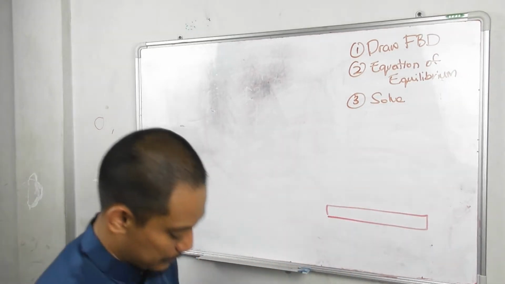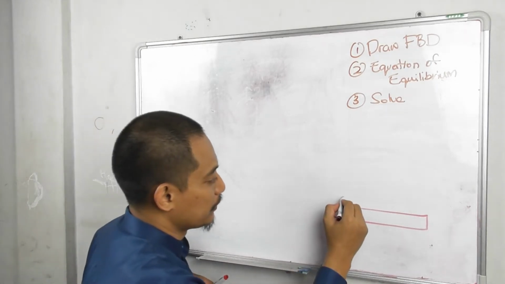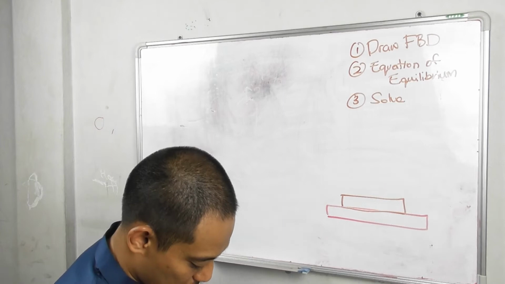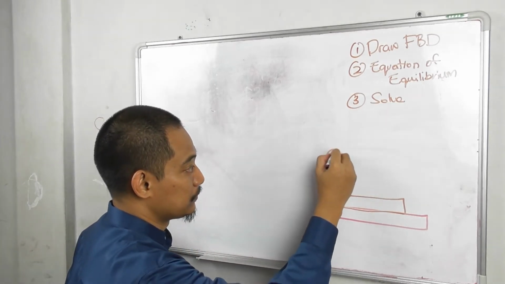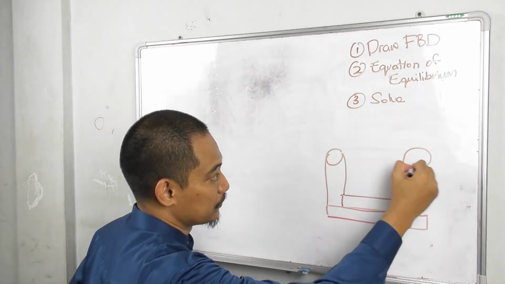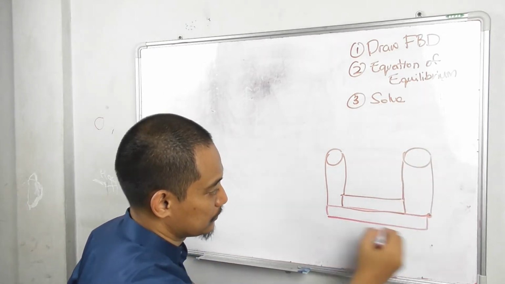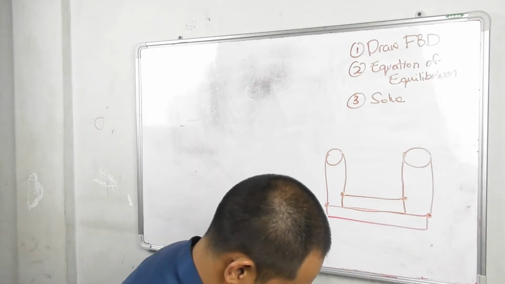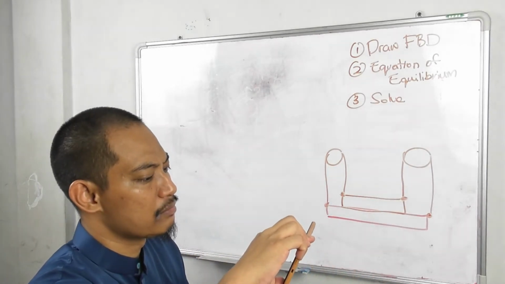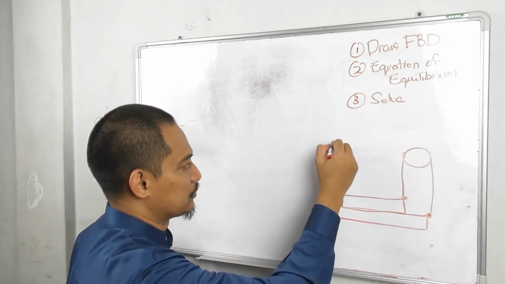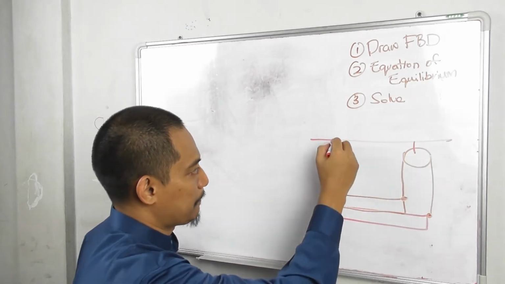Alright, so we have a plate there, and then we have another plate here, and then we have a cable to a pulley to a cable here, and then cable to a pulley, cable here, basically something like that. And that's the dimension given.